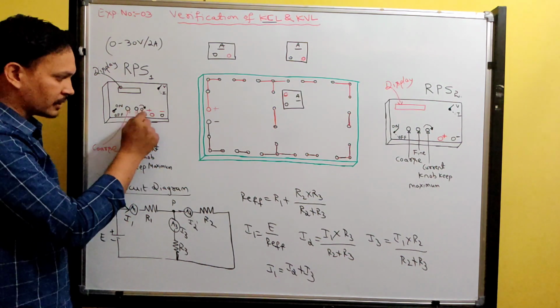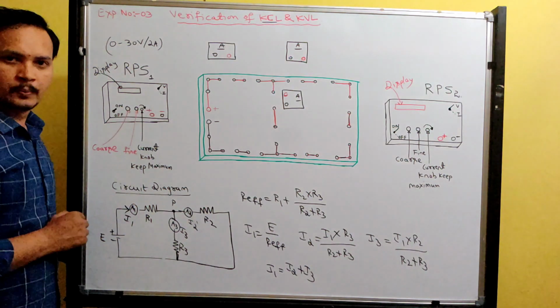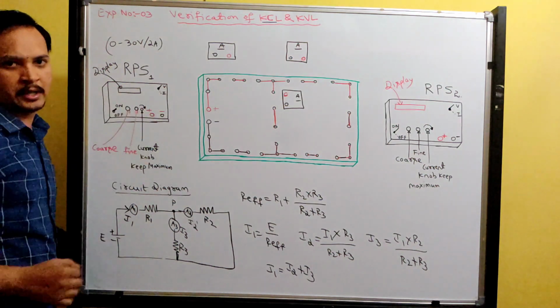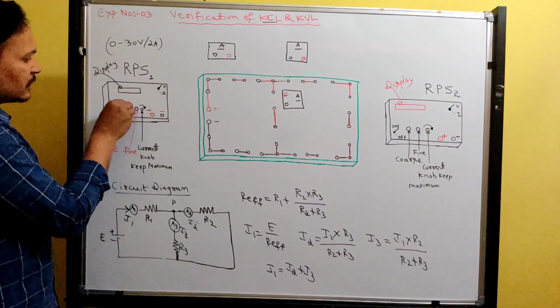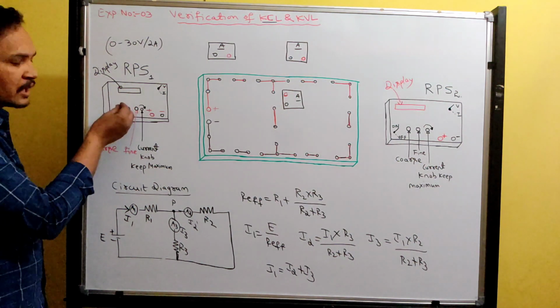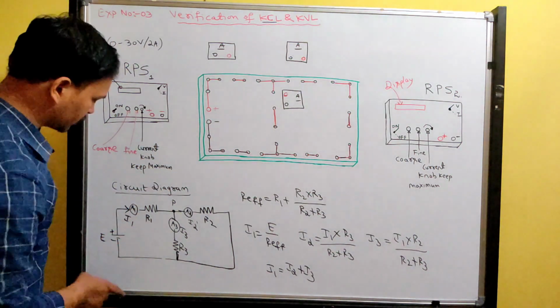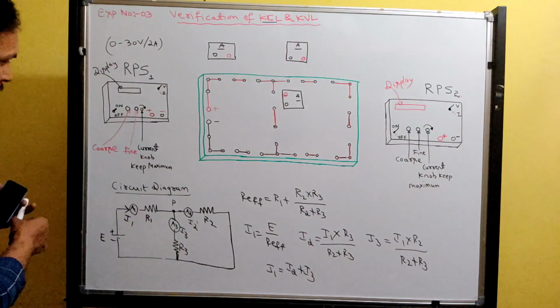So you should keep the current knob in the maximum position, by varying it in the clockwise direction. And by varying the coarse knob, you can apply the voltage required for the circuit. That voltage is also given in the question. Okay, got it? So we can do the connection.